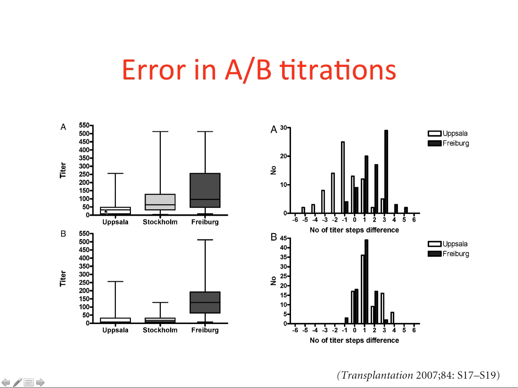And what you can see is that the range of titers for the same samples on these box and whisker plots for IgG and IgM are quite different. And another way of looking at this is the number of steps of difference. So 1 in 2 to 1 in 4 would be a 1-step difference. And you can see that the number of steps in difference really can be quite large, as many as 6.